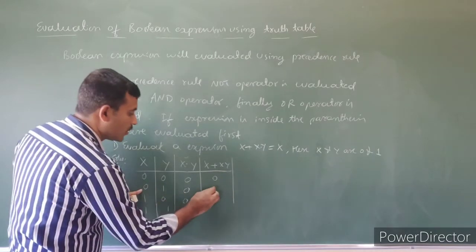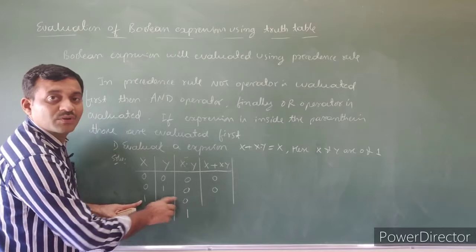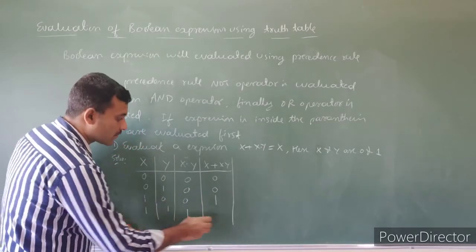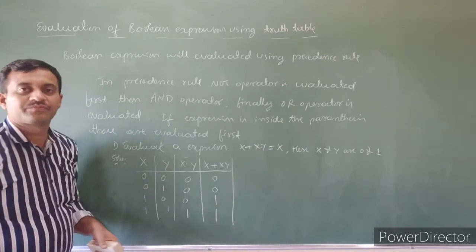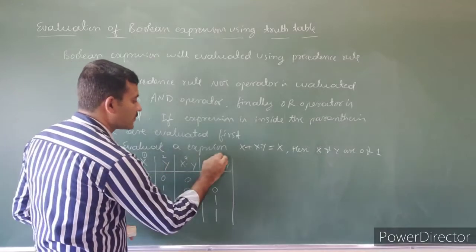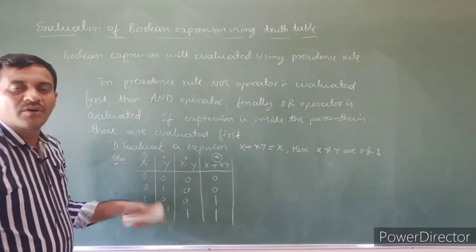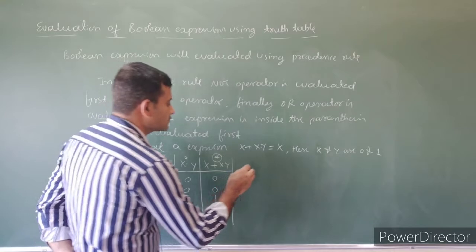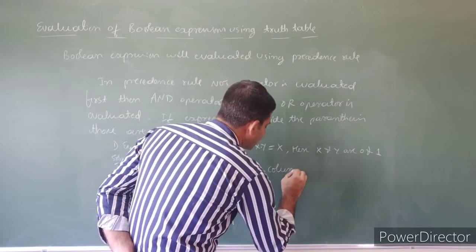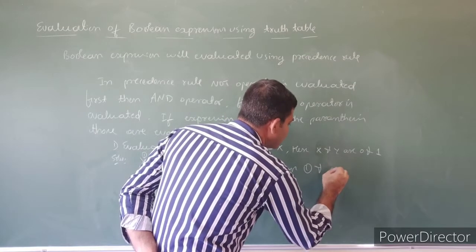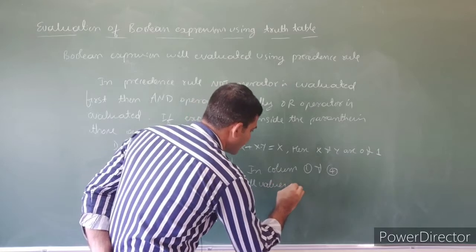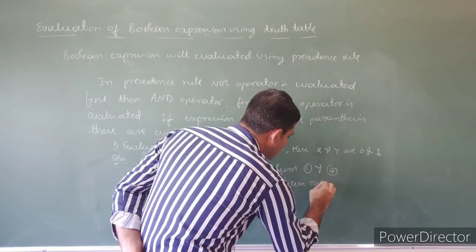Next one 0, 0, output is 0. Next one 1, 0, any one of the values is 1, then output is 1. If both are 1, then output is 1. From the columns 1, 2, 3, 4, in column 1 and 4, all values are equal.